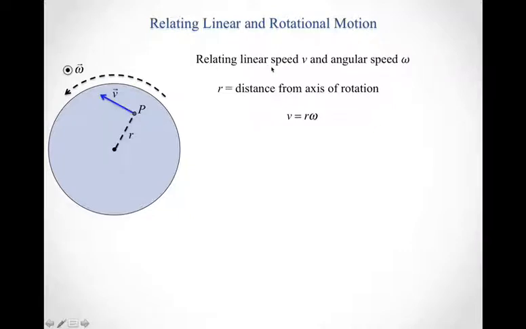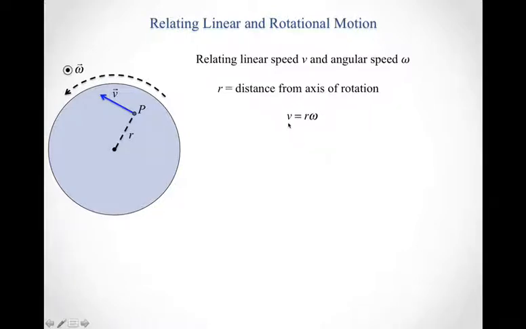So I can also relate the linear speed v and the angular speed omega. Point P, again, is moving at some speed, with a velocity that's tangent to the circle it's moving around. The equation that relates the linear speed v with the angular speed omega is very similar to the one relating the arc length and the angular displacement.